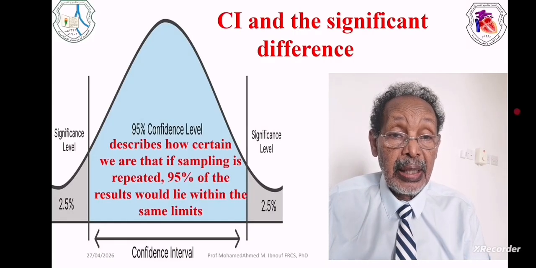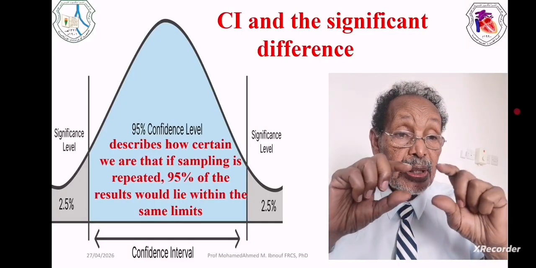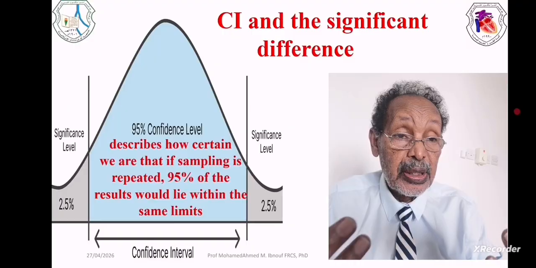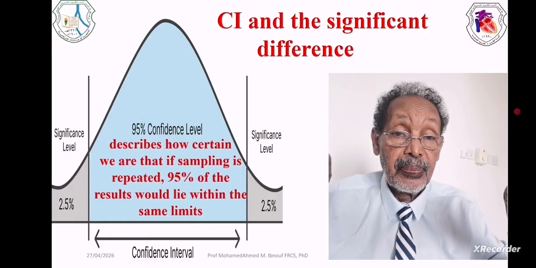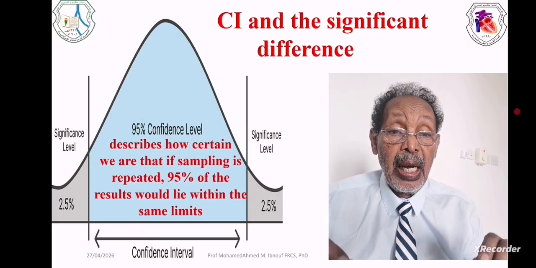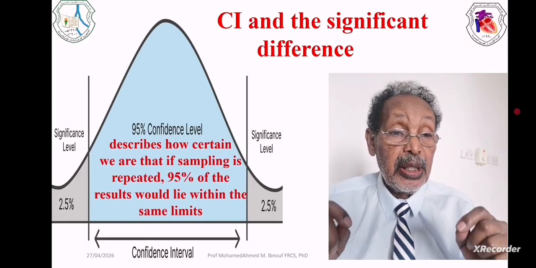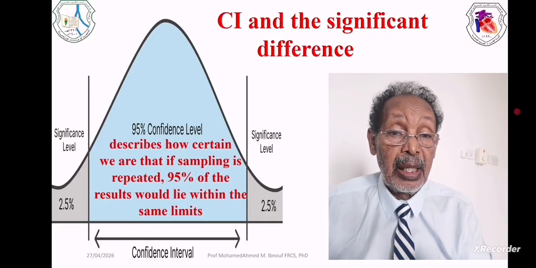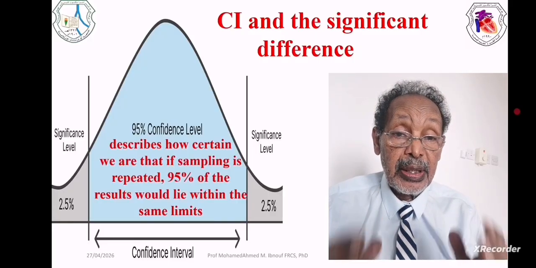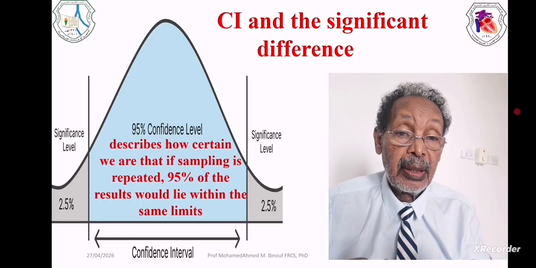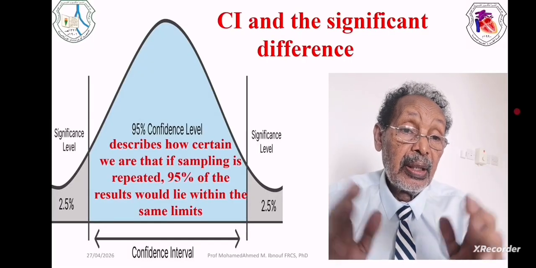Let us say again, when we speak about a 95% confidence level, we are speaking about a 95% confidence interval, which describes how certain we are that if sampling is repeated many times, 95% of the estimates of the data would lie within the 95% confidence interval.